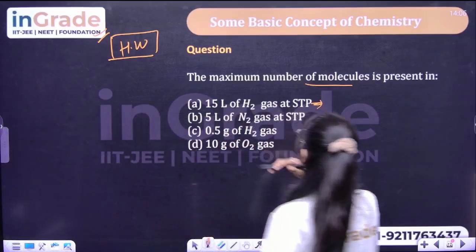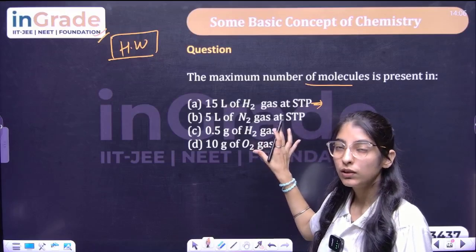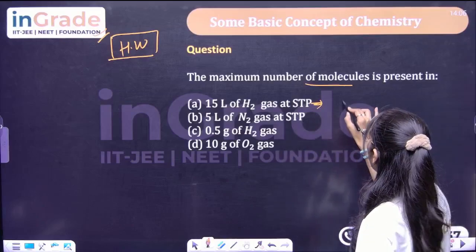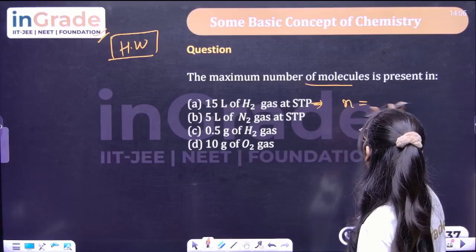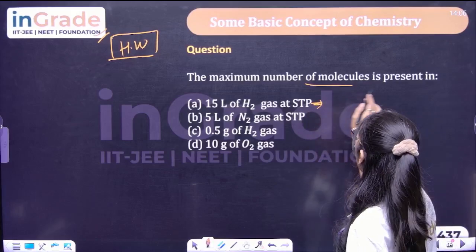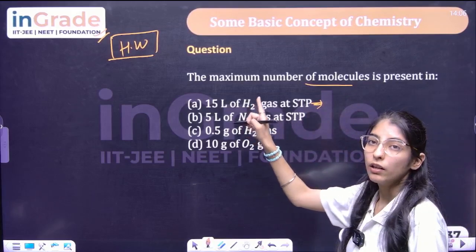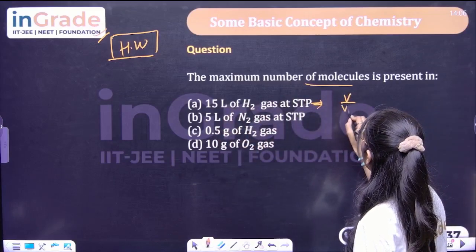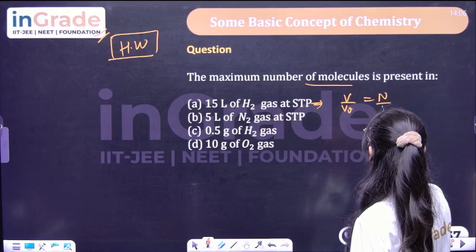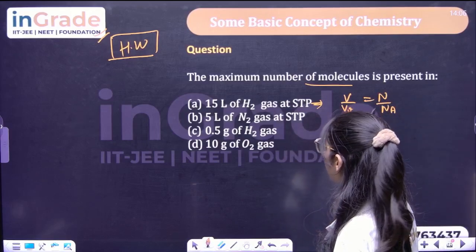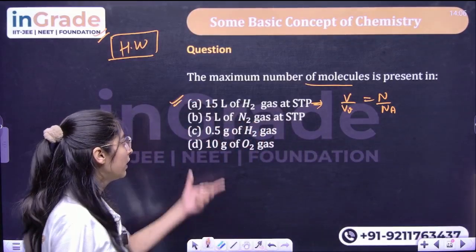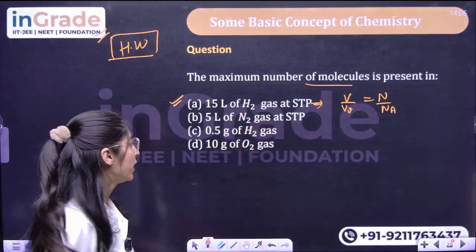I am writing the formula that you are going to use for this question. For 15 liter, just wait, sorry, I wrote the wrong formula. If we are talking in terms of volume and molecules, then we are going to apply this formula. By using this formula, you can calculate the number of molecules present in 15 liter of H2 gas.